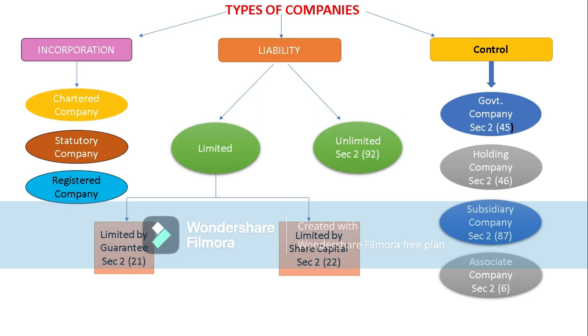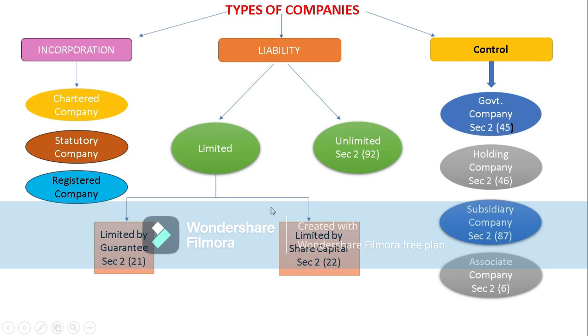In a company, liability will be related to monetary terms only. So liability here can be of two types: limited liability and unlimited liability. So we have limited liability companies and unlimited liability companies.